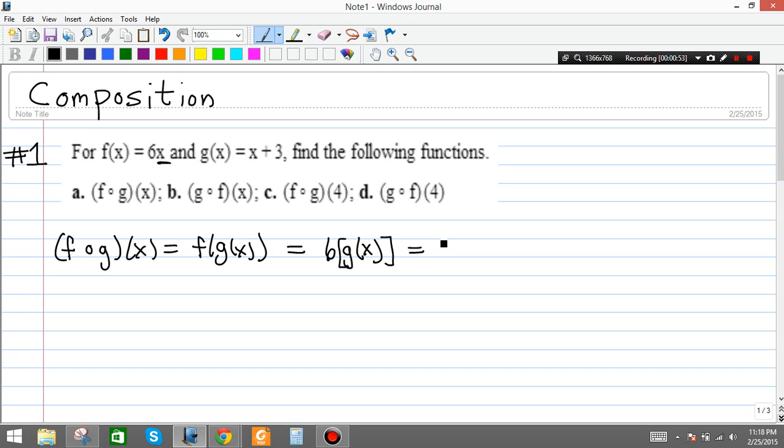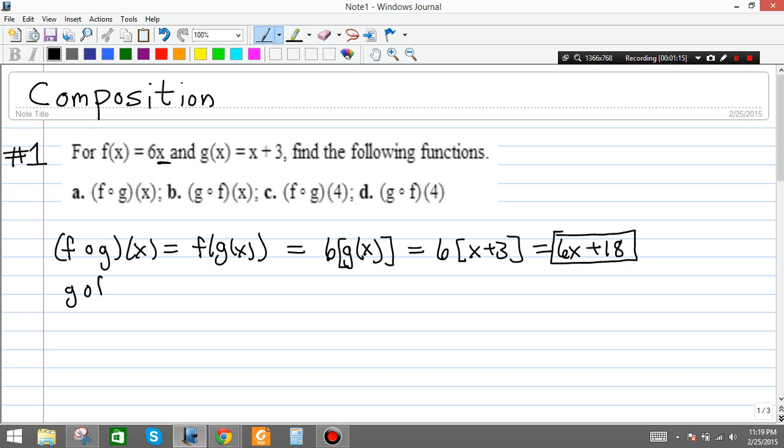And then I just recognize that g of x is x plus 3. So I put an x plus 3, and now I distribute: 6 times x is 6x, 6 times 3 is 18. F of g of x is 6x plus 18.